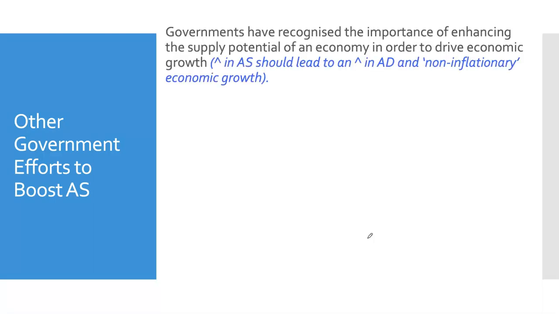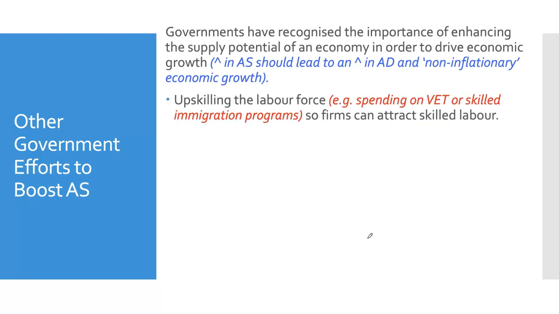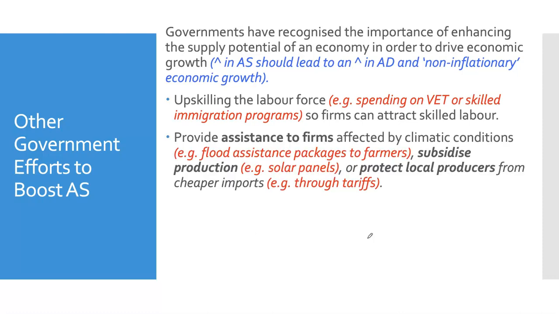Now, what are the other government efforts to boost aggregate supply? What do other governments do as well to try and make their economy have a better productive capacity, able to produce more and willing to produce more goods or services? They often do things like try and upskill their labour force, provide assistance to businesses that are affected by climatic conditions.